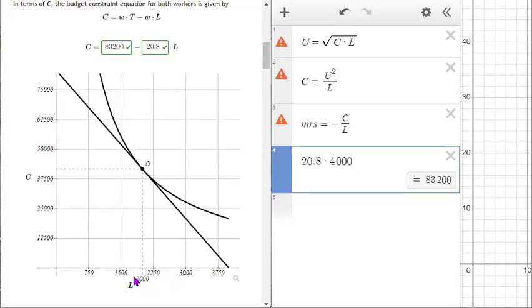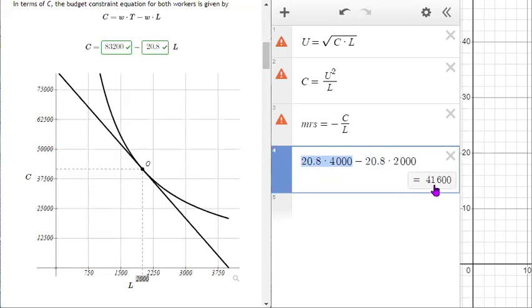One way to find it is to multiply this 2,000 hours of leisure by the wage rate, $20.80, and subtract that from the 83,200.